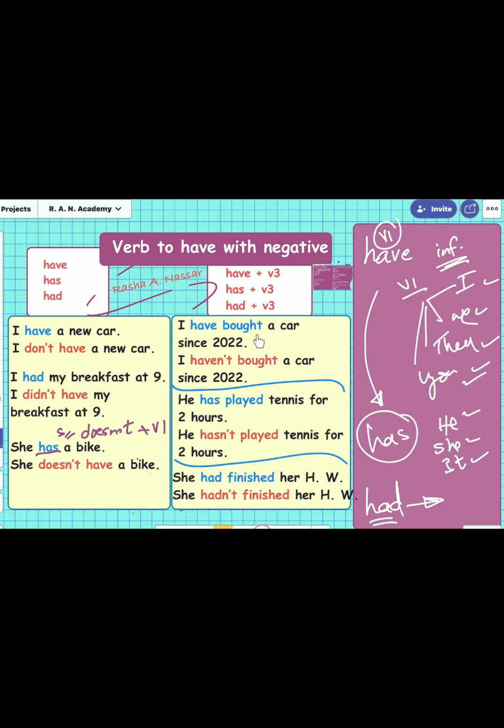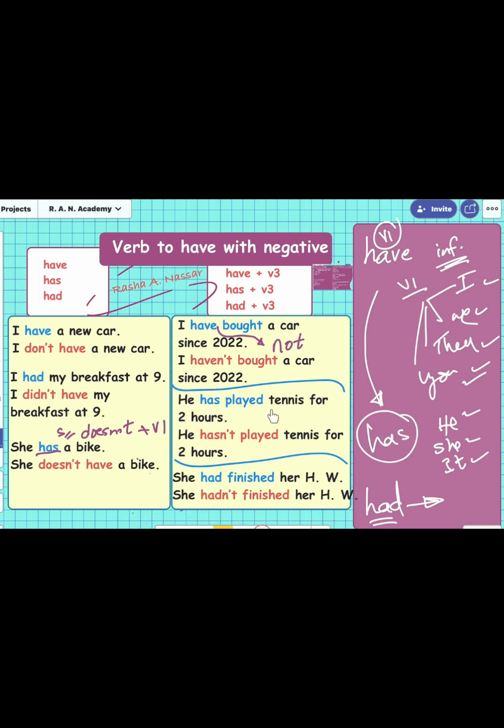In this case, I have to change the sentence into negative by adding only not. So here, I'm going to add only not after the verb to have. I have bought a car. I want to change the sentence into negative, so I have to add only not after the verb to have. So I say, I haven't bought a car since 2022.